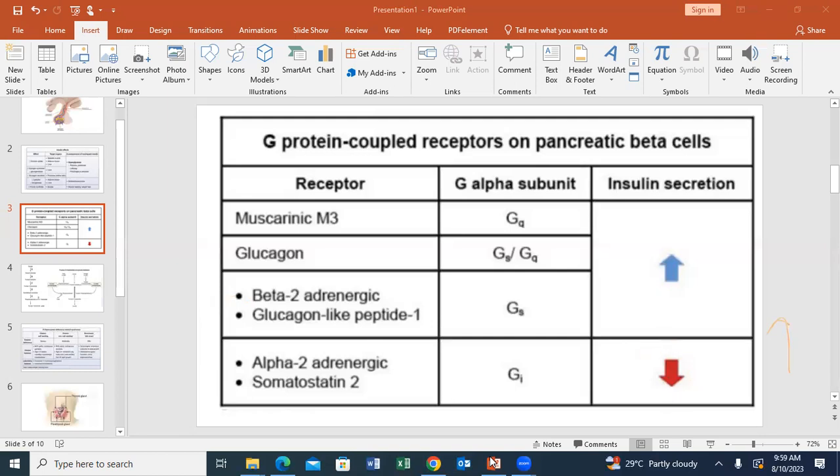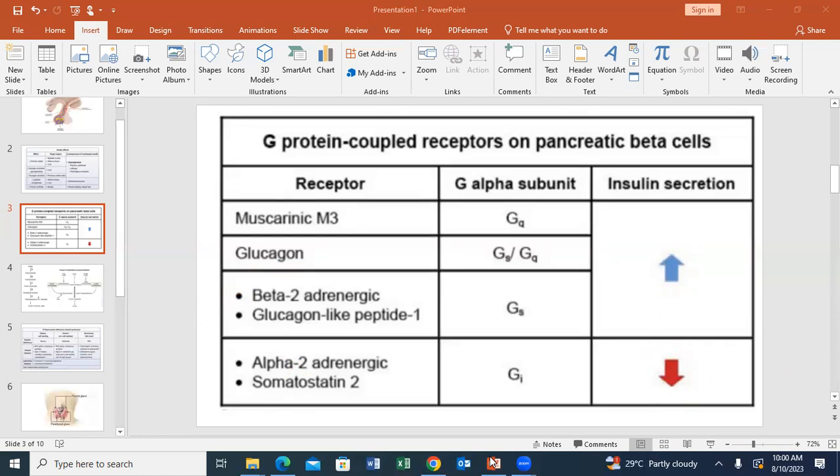But in a scenario where there is sympathetic stimulation and we have given alpha blockers, then definitely there will be an increase in insulin. Other than that, we have already discussed that glucagon increases insulin, and as a result, insulin is a thankless hormone. Since sympathetic stimulation ultimately decreases insulin, parasympathetic stimulation should increase it.